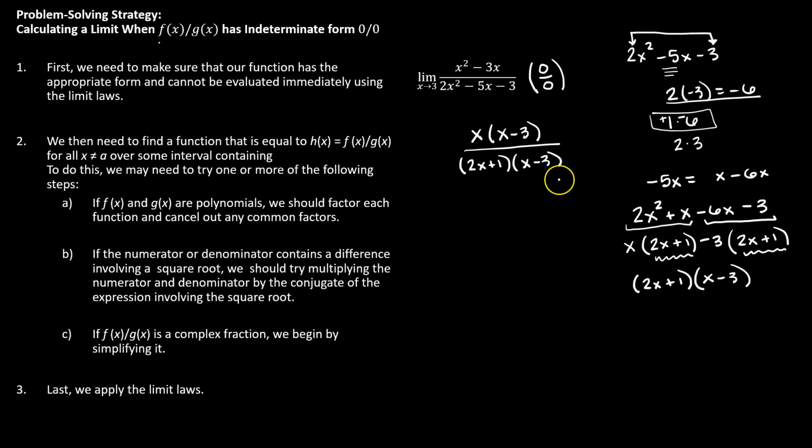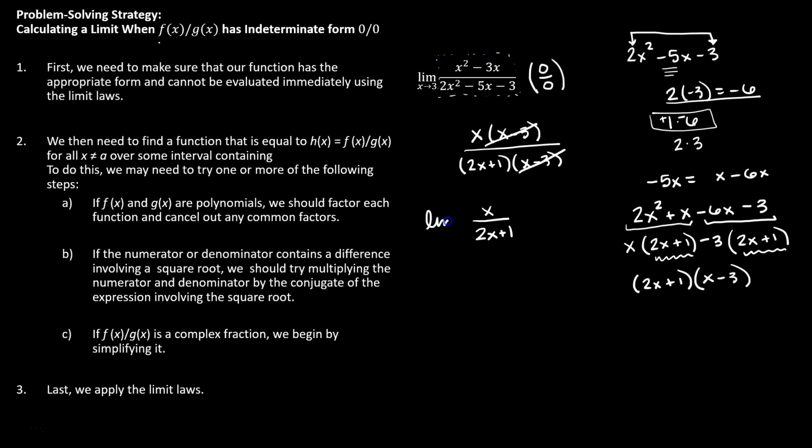Having it written like this, I'm able to see that there's a common factor in the numerator and the denominator. The x minus 3 will divide off, leaving behind x divided by 2x plus 1. This is the function that is nearly identical to our original function, but should not give us the problem at x equals 3.